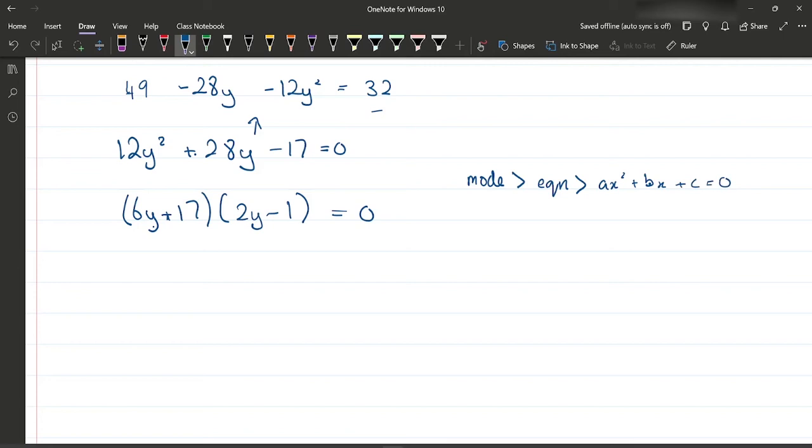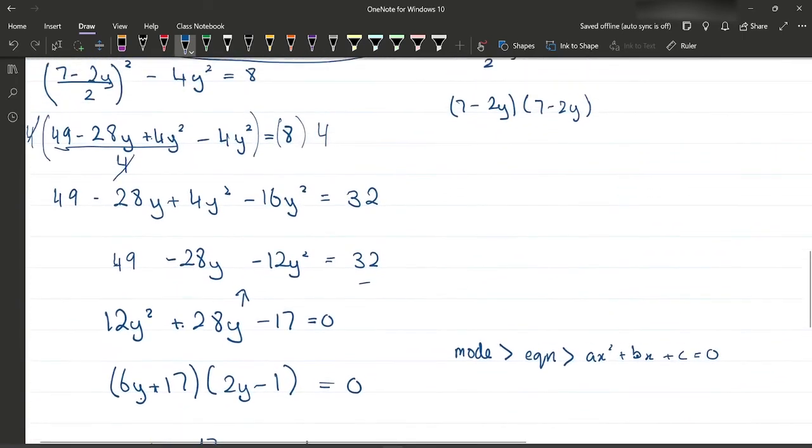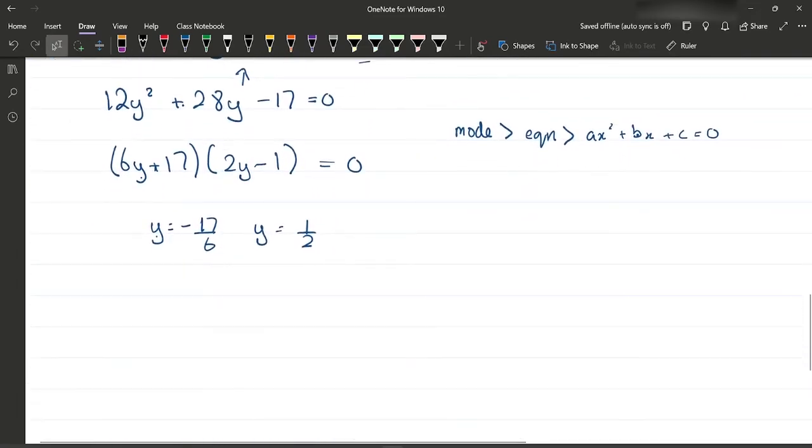Okay, so here I know y is now equal to either minus 17 over 6 or y is equal to 1 over 2. So that means I need to find two x values to satisfy this equation. Okay, all right. So let's do that.